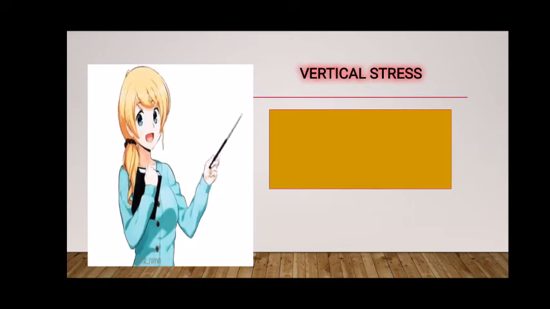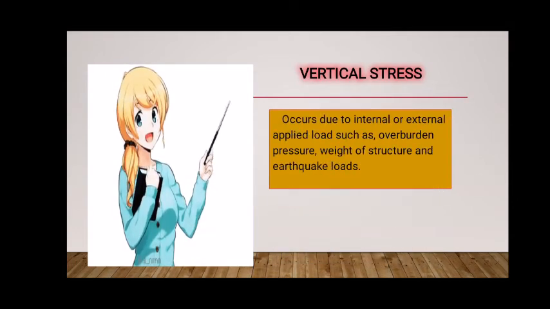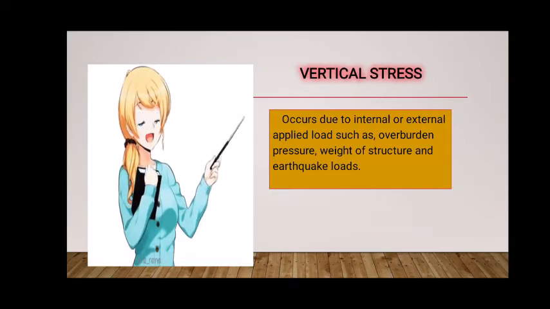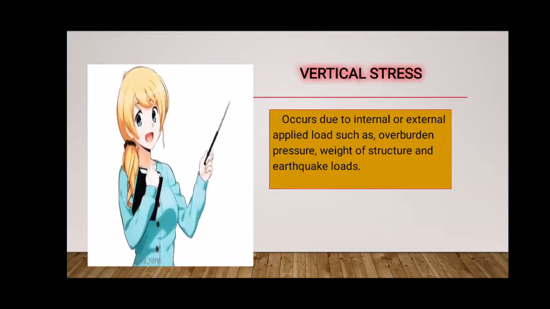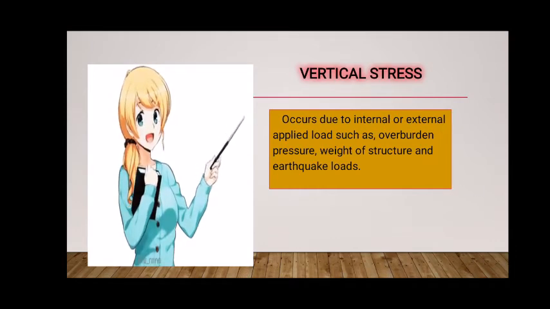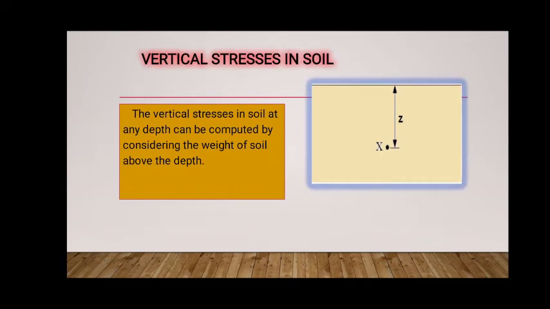So when we say vertical stress, it occurs due to internal or external applied loads such as overburden pressure, weight of structure, and earthquake loads. Back to our main topic, the vertical stress in soil at any depth can be computed by considering the weight of soil above the depth.